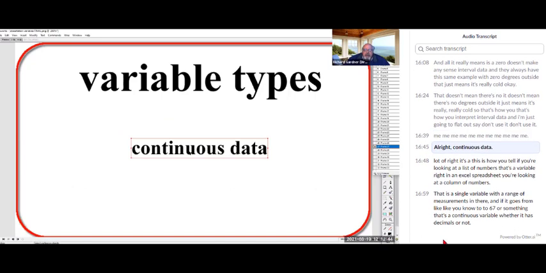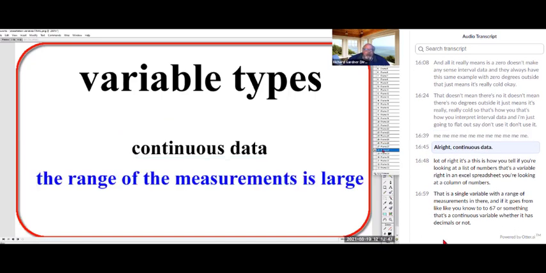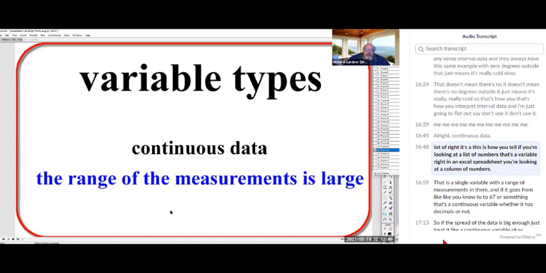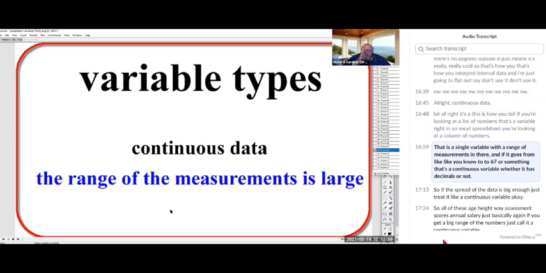All right, continuous data. This is how you tell. If you're looking at a list of numbers, that's a variable, right? In an Excel spreadsheet, you're looking at a column of numbers. That is a single variable with a range of measurements in there. If it goes from like 2 to 67 or something, that's a continuous variable, whether it has decimals or not.